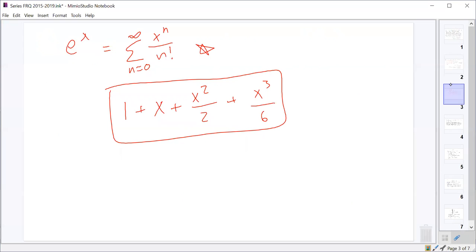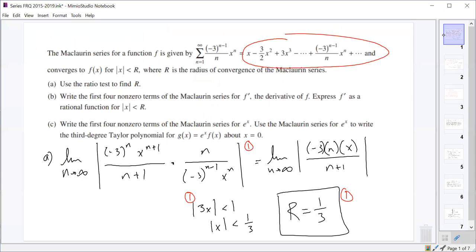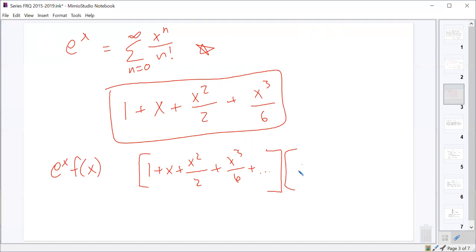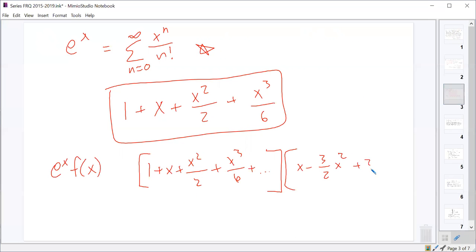So really all we have to do to find e to the x times f of x is take the terms of e to the x and multiply them by the terms of f of x. So what's that? x minus 3 halves x squared plus 3x cubed, and so on.